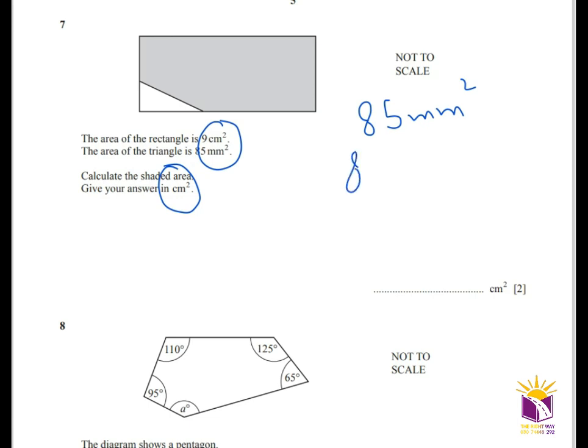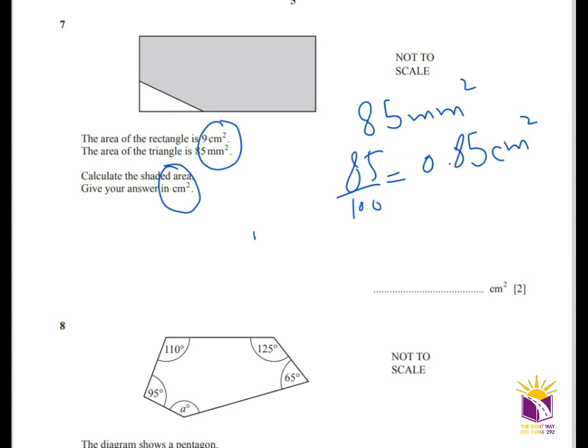So 85 divided by 100 will be equal to 0.85 centimeter square. Because we have millimeter square, we are going to divide by 100.